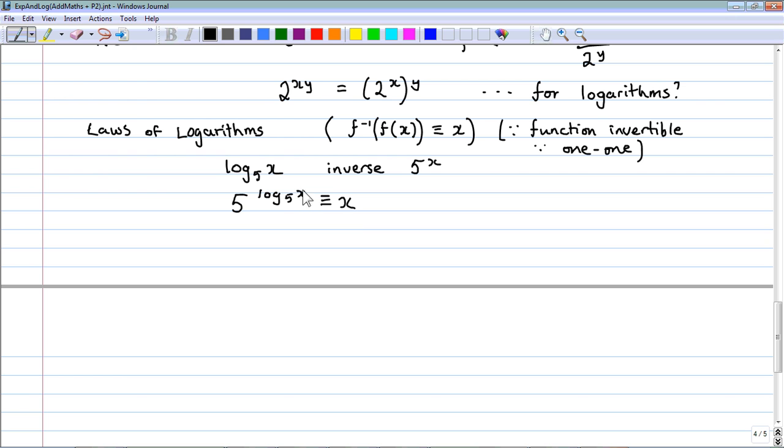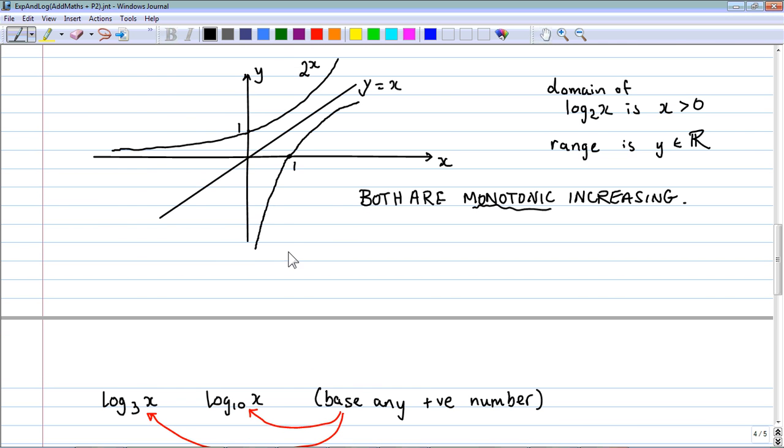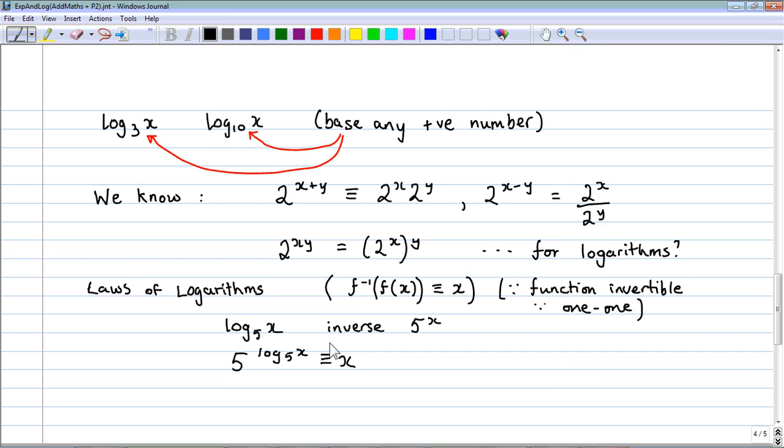Assuming, of course, that x has a logarithm, remembering that the logarithm function is only defined for positive values of x. Again, let's look back at the graph. Here's the logarithm. Actually, this is log base 2 of x, but it doesn't make any difference. We can only put in positive numbers. The domain is positive numbers.